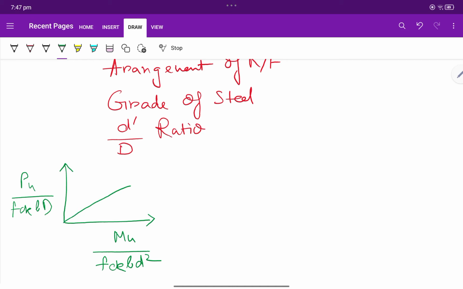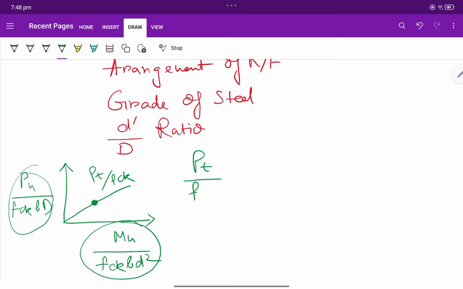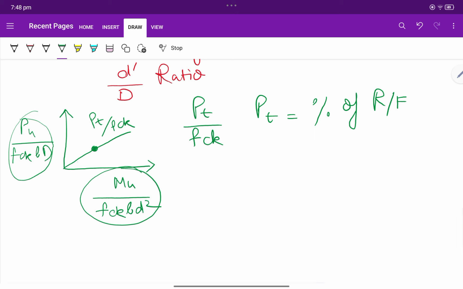And there will be given values of pt by fck. According to the Pu by fck b d and Mu by fck b d square, we will get a value of pt by fck, where pt is equal to percentage of reinforcement. pt we have seen earlier also, and fck we know that. So this step is done.